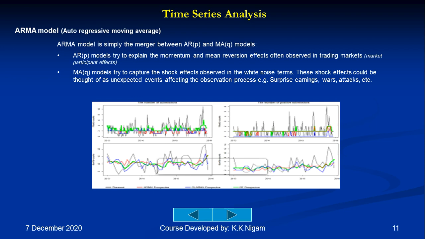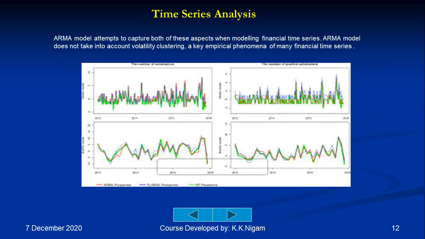These shock effects could be thought of as an unexpected event affecting the observation process, for example, surprise earnings, wars, attacks, etc. Now, the ARMA model attempts to capture both of these aspects. When modeling financial time series, the ARMA model does not take into account volatility clustering, a key empirical phenomenon of many financial time series data.